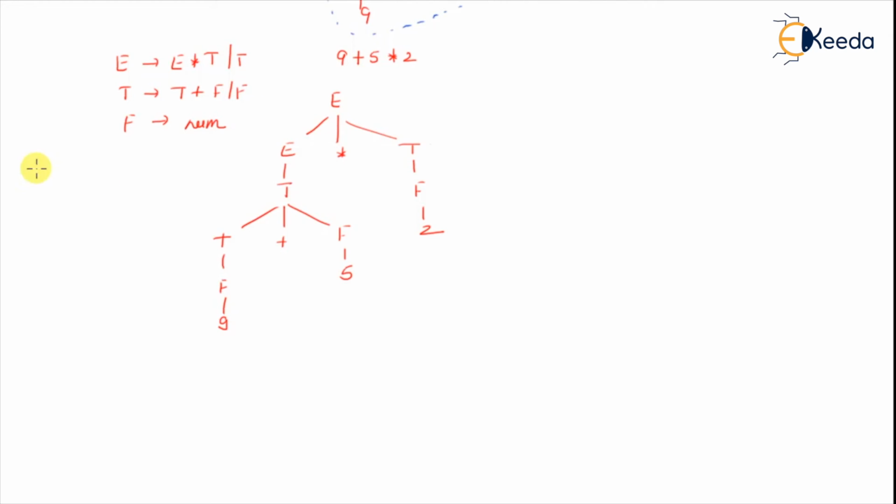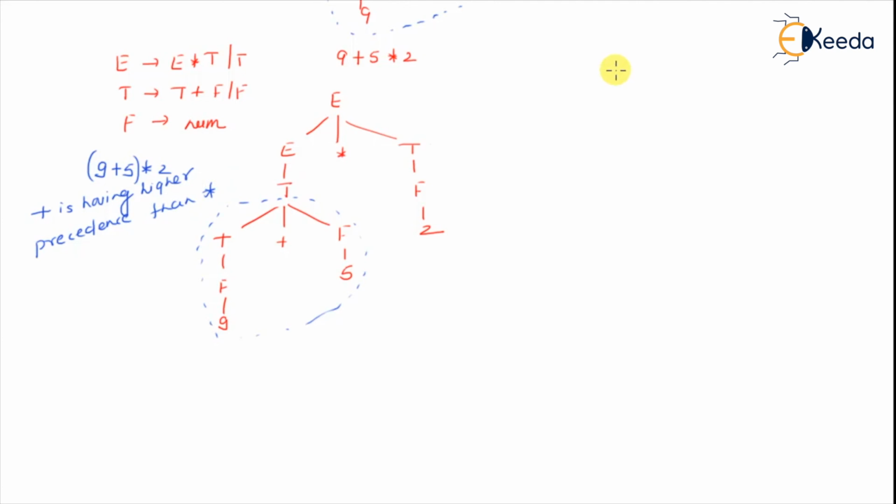Now if you look at this subtree, consider the rule that this part of the tree will be evaluated first. What does it imply as a parenthesization? 9 plus 5 multiplied by 2 will be done in this way, which means plus has higher precedence than multiplication.